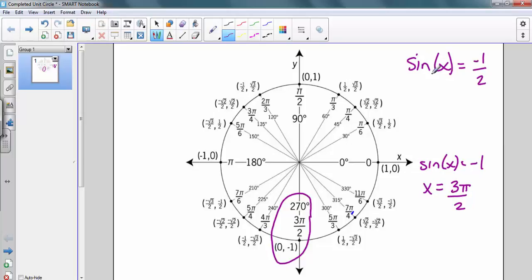Then I'm looking for sine of x equal to negative 1/2, so y value of negative 1/2 right here and right here. So the x values that make this statement true are 11 pi over 6 and 7 pi over 6.